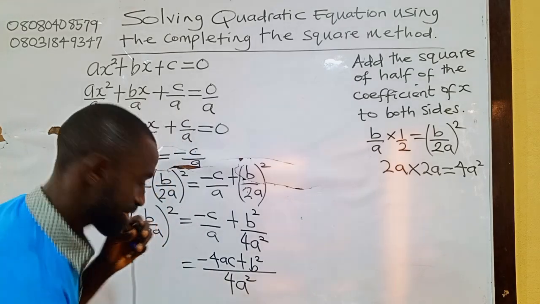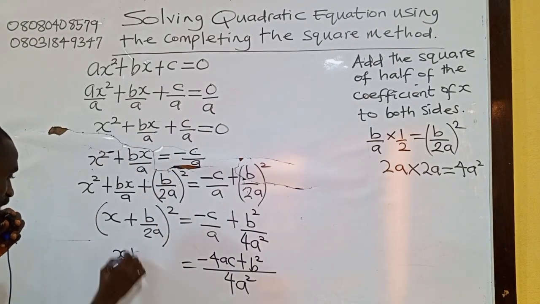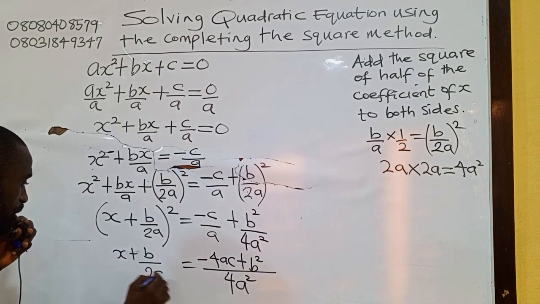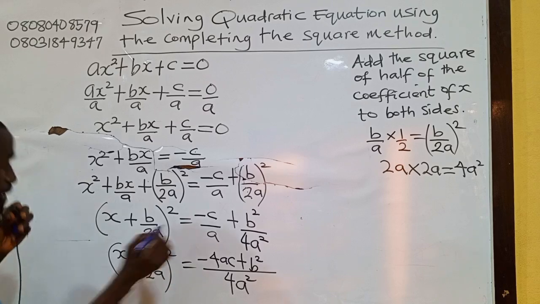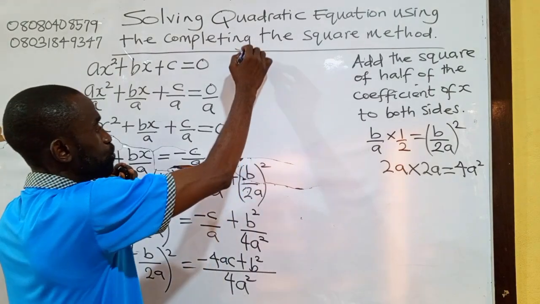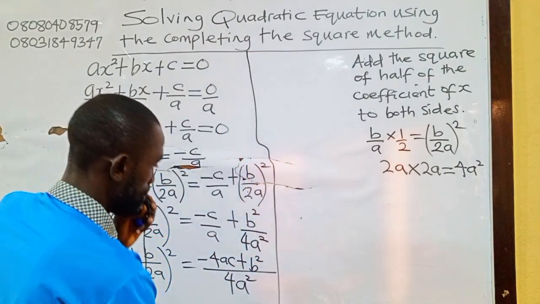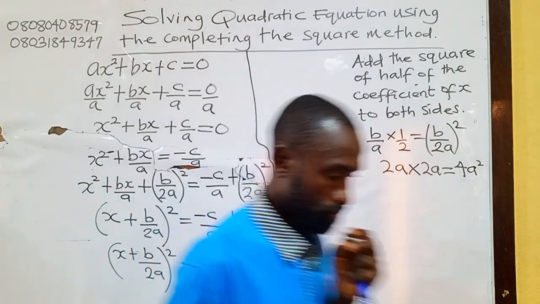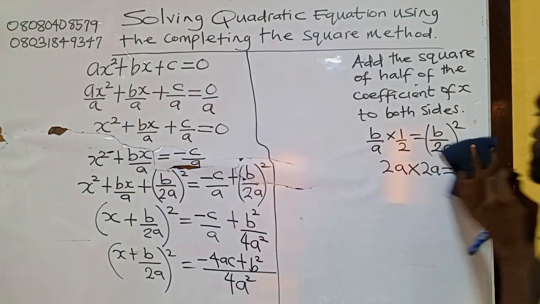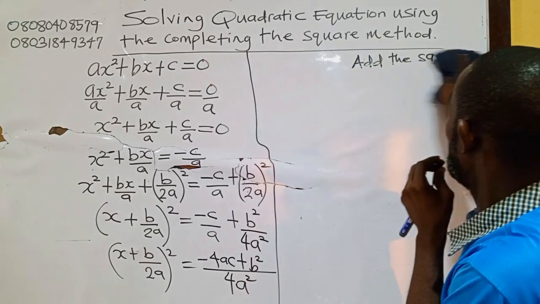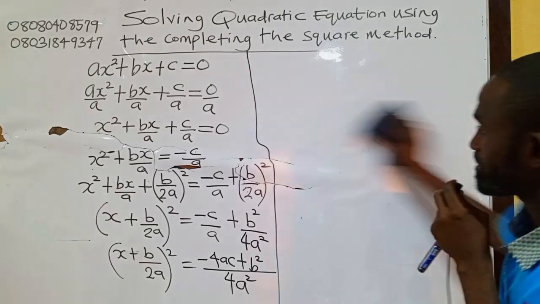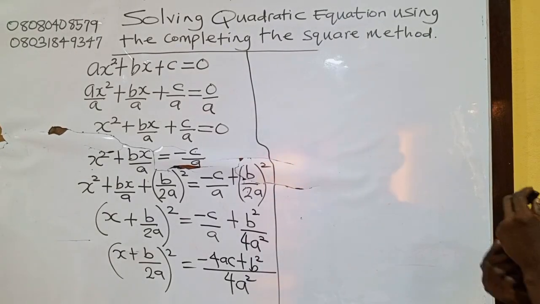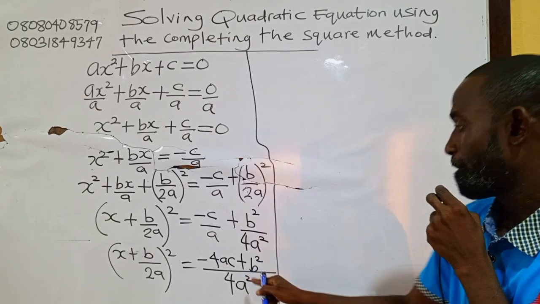Okay? So what is the next thing here? We are having x plus b all over 2a, all squared. Let me read this please. So we are going forward. What is the next thing? I can rearrange this thing here.